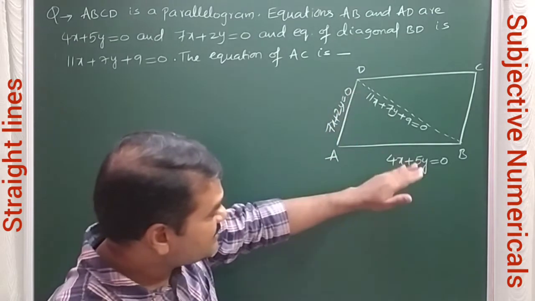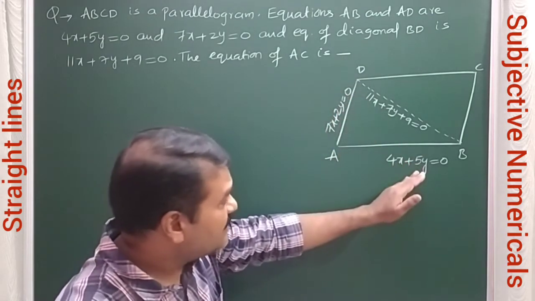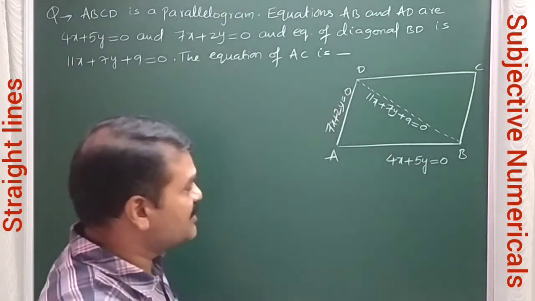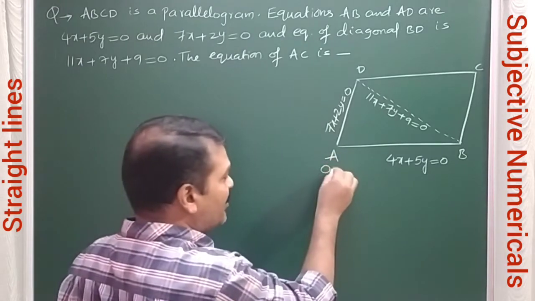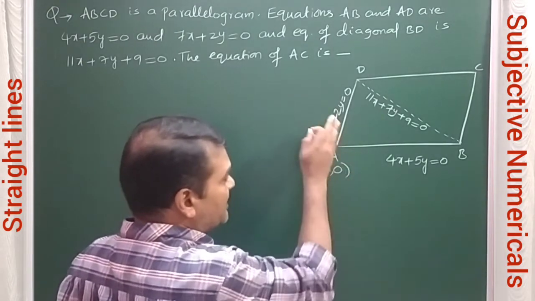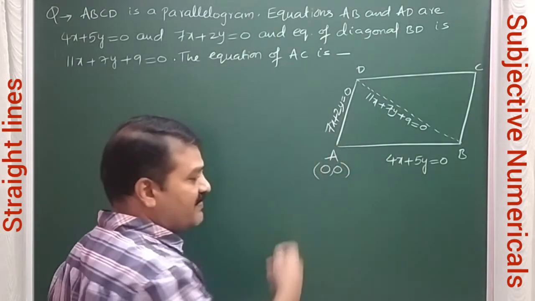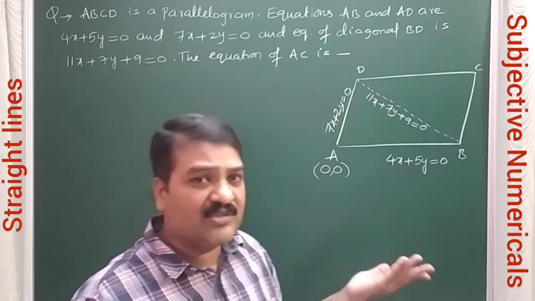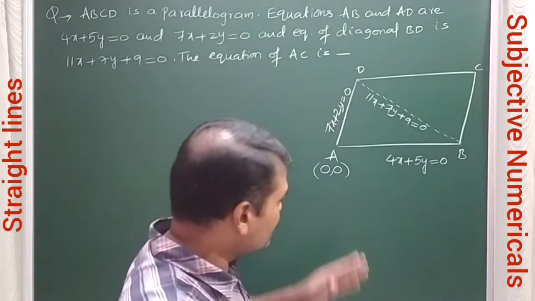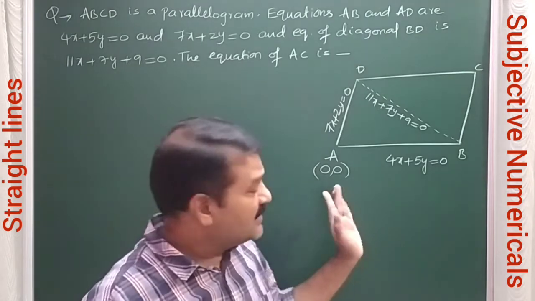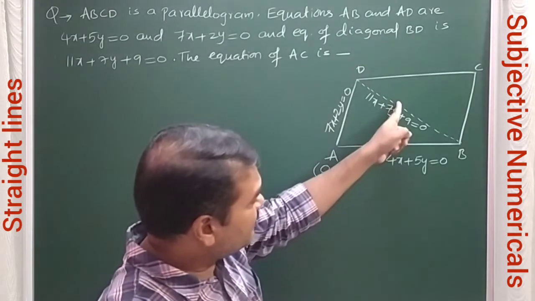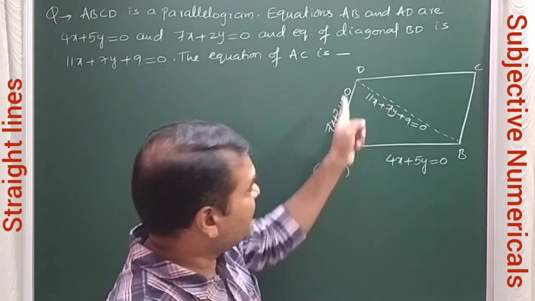Since both lines are passing through the origin, their point of intersection A is clearly the origin. Both are passing through the origin means their common point is 0, 0 only. So this we can directly see and write. Now solving these BD and AD, we will get the point D.